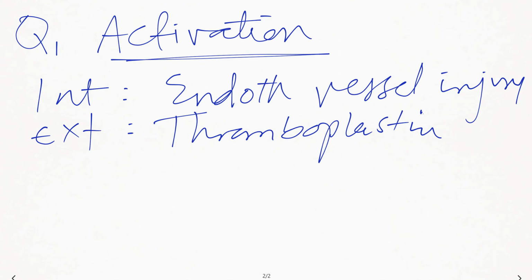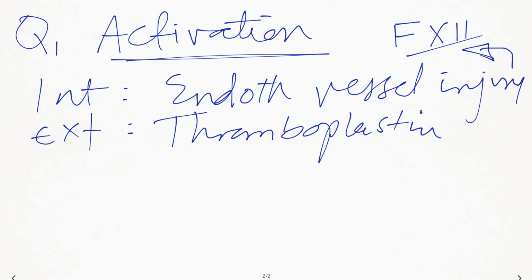Okay, so one point you can add here in the intrinsic pathway activation: the endothelial vascular injury will activate factor 12. Okay, you know that there are 13 factors in the coagulation cascade, and the activation in the intrinsic pathway will be by endothelial vascular injury, which will lead to the activation of factor 12.